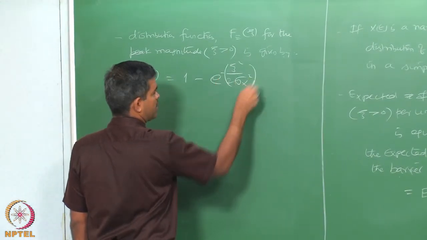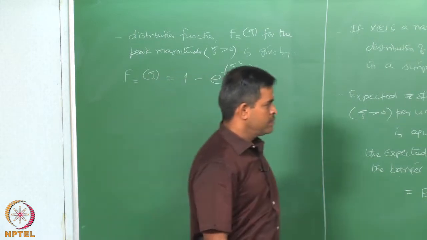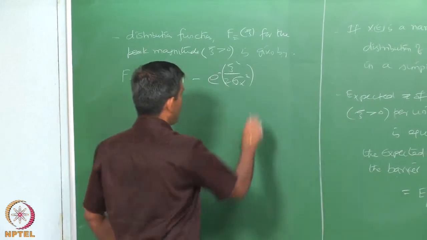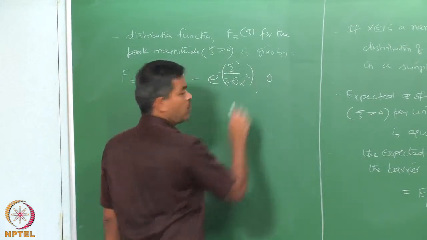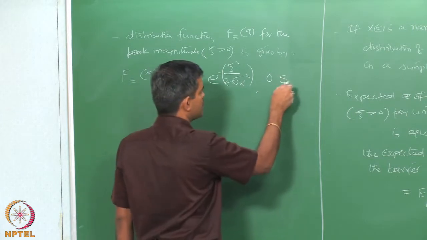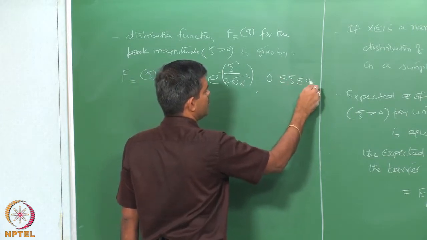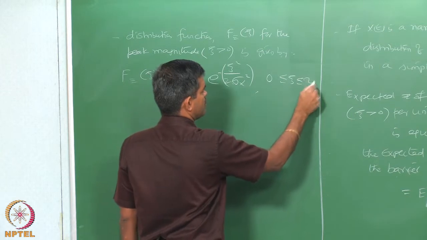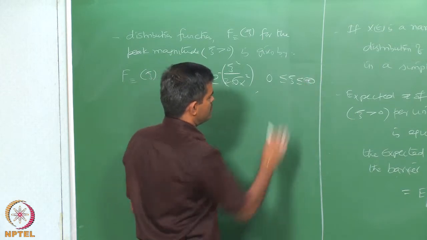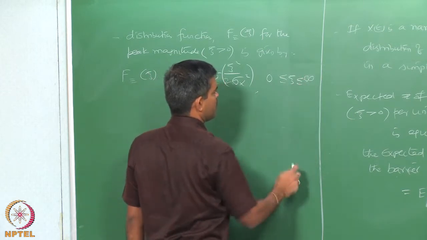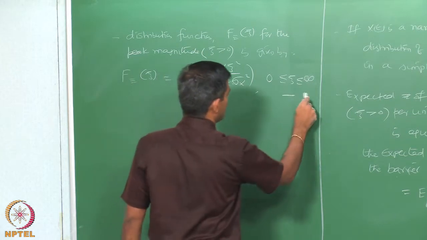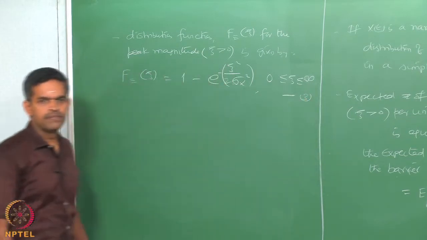There is a minus sign here, for 0 less than zeta less than infinity. Which we call as equation number 3.